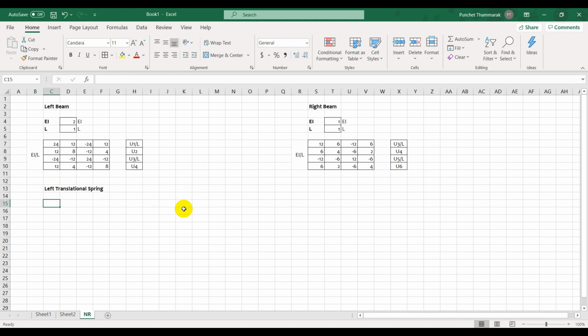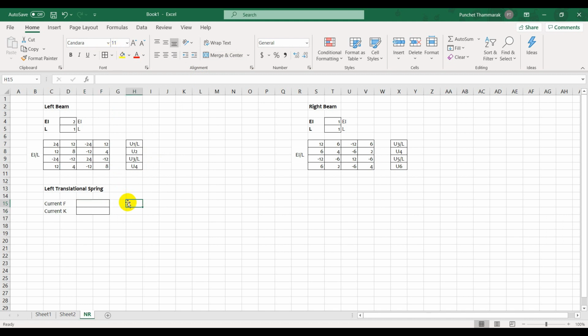So for the translational spring, we need the current condition of the spring behavior: the current force and the current translational stiffness will be given over here.